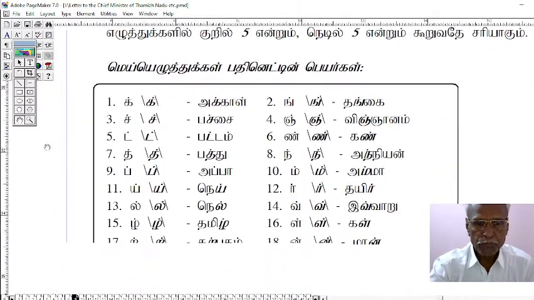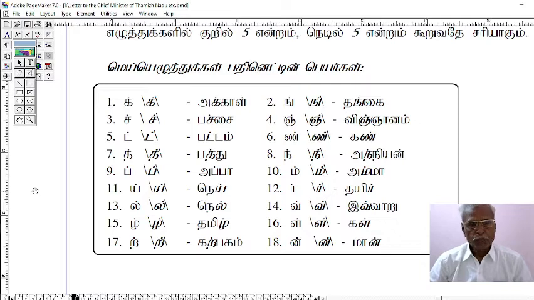Now, let us see the names of the 18 consonant letters used in Tamil.